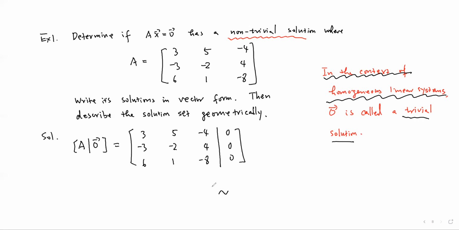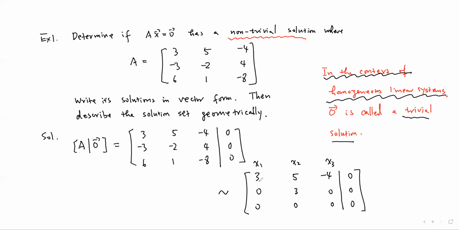Row reduce the augmented matrix to echelon form. The first column corresponds to the unknown x1, second column x2, third column x3, and the last column is the right hand side.